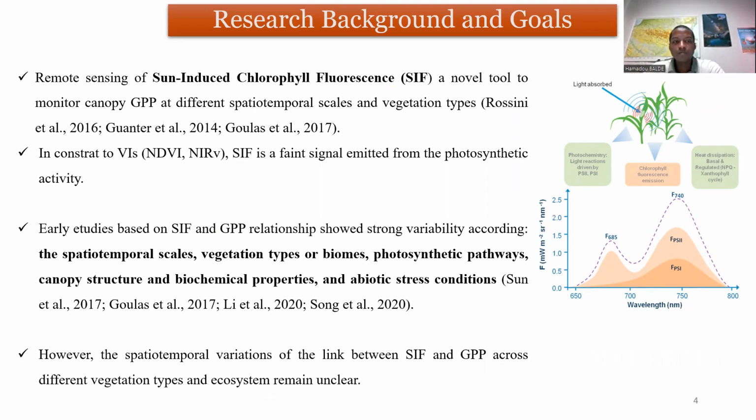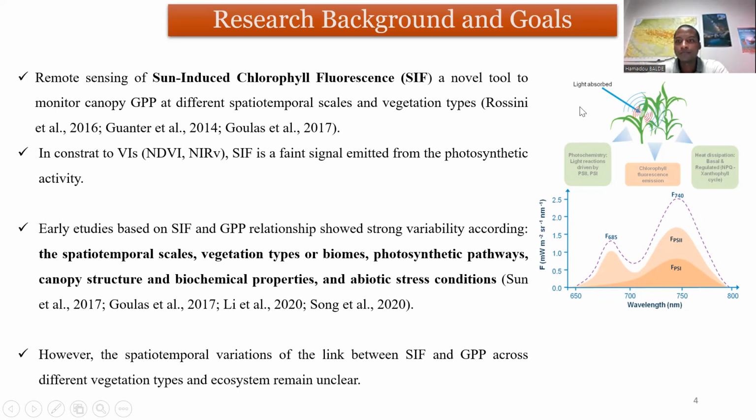In contrast to vegetation indexes like NDVI and NIRv, which result from the combination of spectral reflectance and are mostly sensitive to canopy structure and biochemical properties, SIF is a faint signal emitted from the photosynthetic activity.